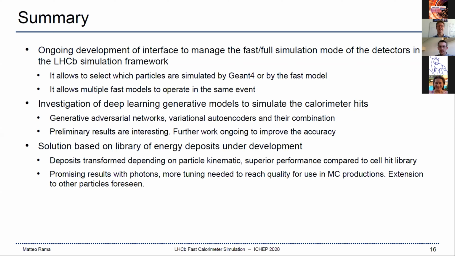We are investigating two lines of development, one based on machine learning, one based on the library. In both cases, the results look promising, but there is still more work to do to improve the accuracy and the quality of the comparison with the Geant4 simulation. This is all work in progress.